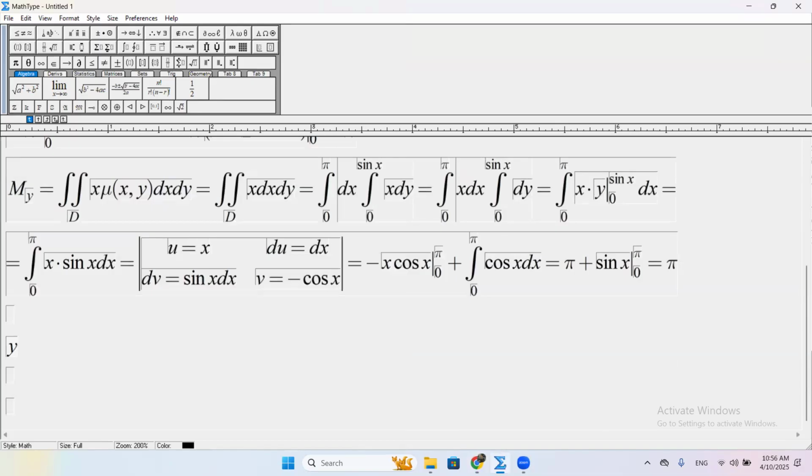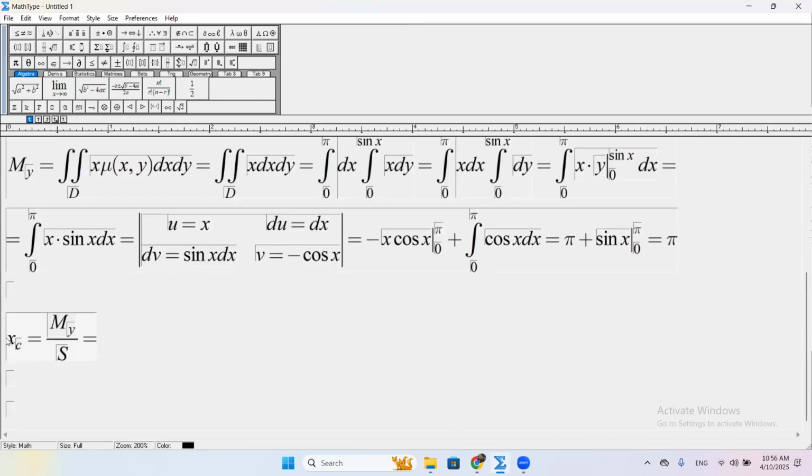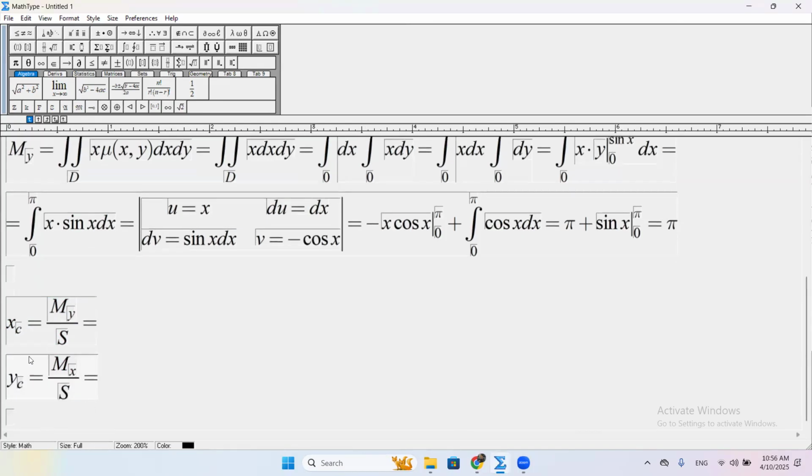Coordinates of mass center are found by x with index c equals, so we divide static moments relative to y by S, and for the y coordinate vice versa, so analogically.